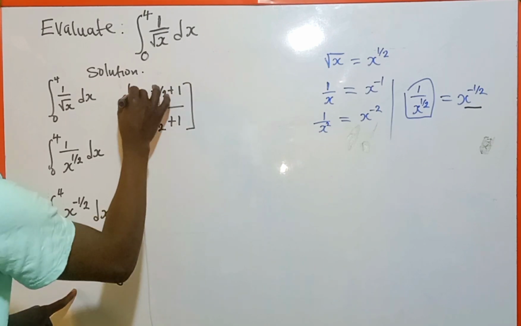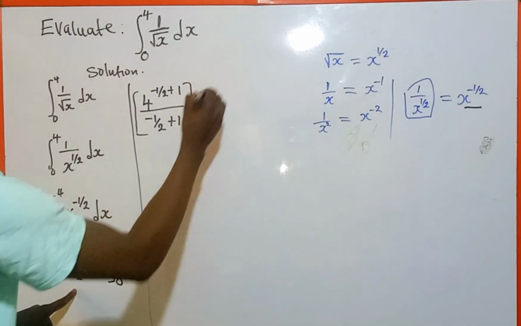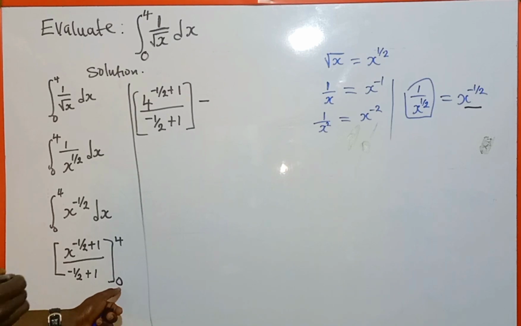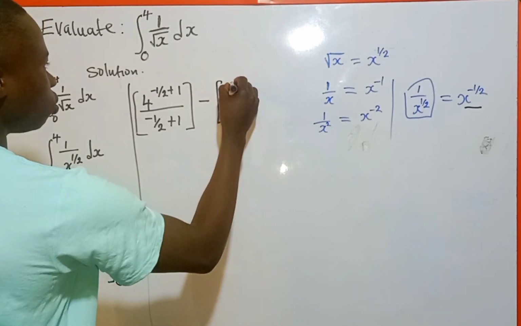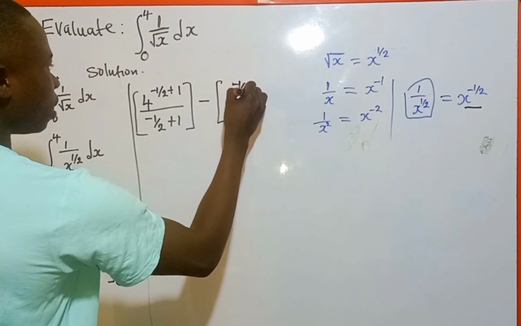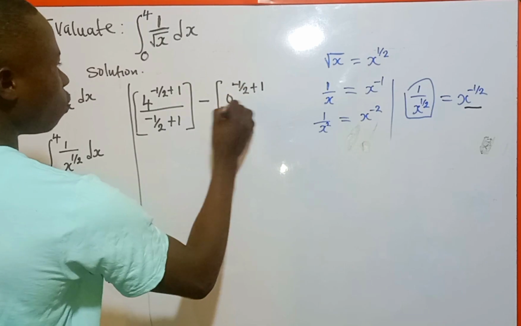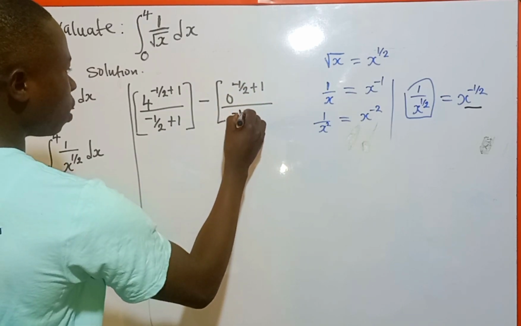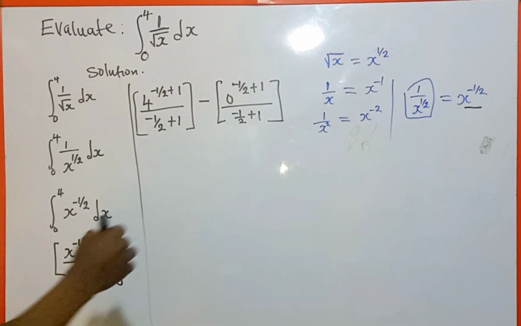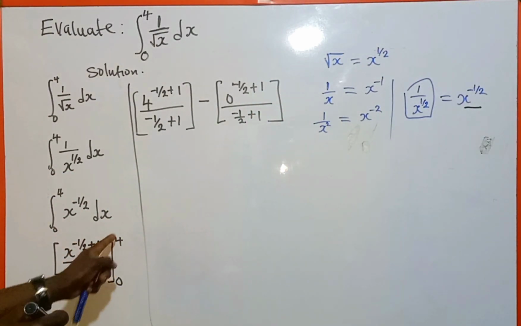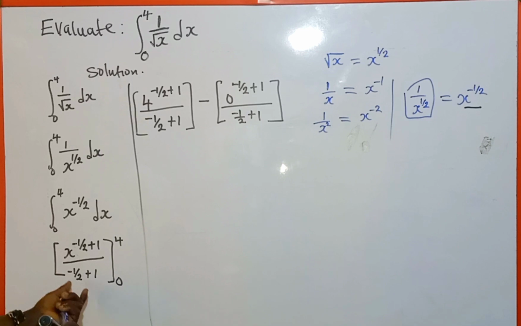Close the bracket, then minus. Now we substitute the lower limit, which is 0: 0 to the power of minus 1 over 2 plus 1, over minus 1 over 2 plus 1. So we have successfully substituted both the lower and the upper limit of this function.